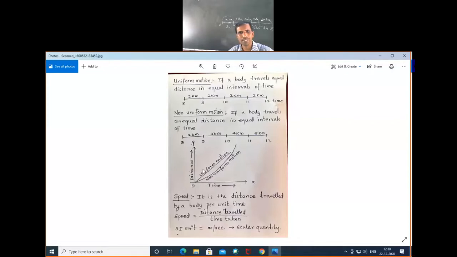But you can see one more graph, a curved line over here. This represents non-uniform motion because the object is traveling unequal distances in equal intervals of time. Non-uniform motion. Write it down. I hope you have written it.